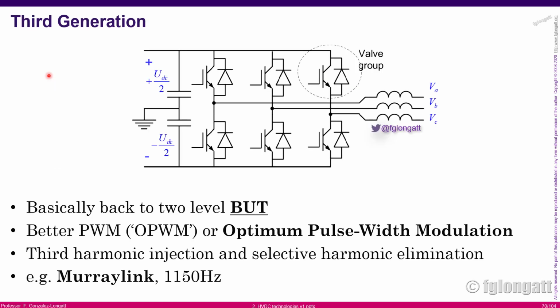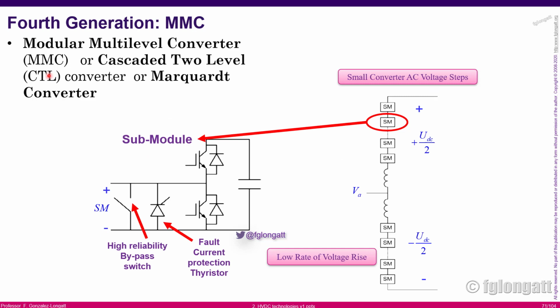And then people started to think, okay, basically two levels, but what happens if we start to think about using multiple smaller devices that can behave like individual converters? And that is where the modular multi-level converter, the MMC, started to appear. What I am telling you is, as I said before, if we have infinite switches, we can try to replicate a sine wave better. What happens if we have so many of those smaller converters, each one of them with this topology of two switches?